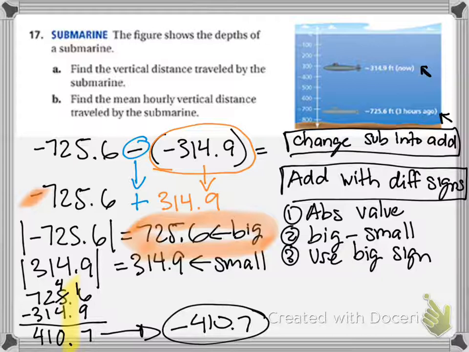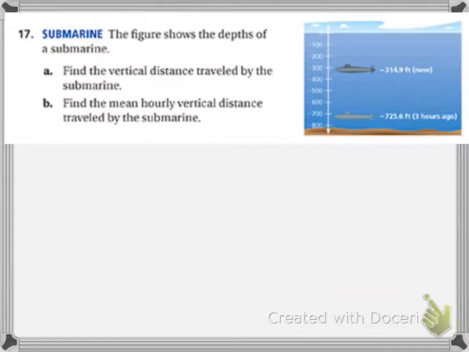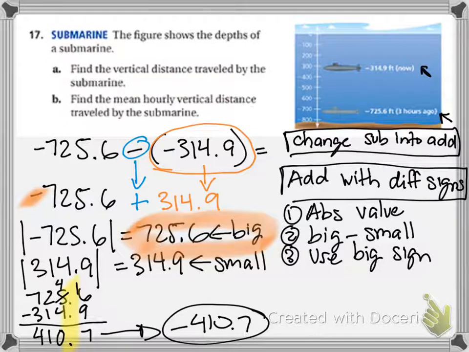Okay, part B says to find the mean hourly vertical distance traveled by submarine. Okay, so to find the mean hourly vertical distance, we're going to want to use the distance traveled. Ooh, actually, even though this is negative, distance traveled is actually going to be positive.